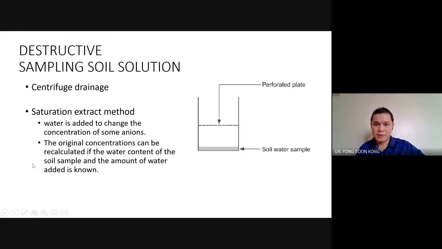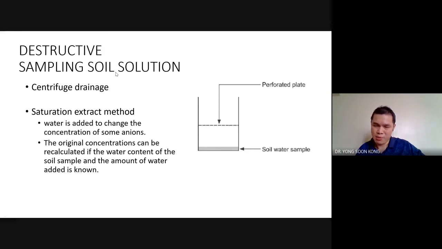So this one will do its job, but usually for environmentalists like us, we want to get the result, the data that represent the soil structure as closely as possible. Now, injecting external water into the soil is not really a good idea. It will change everything. So everything you have to recalculate.